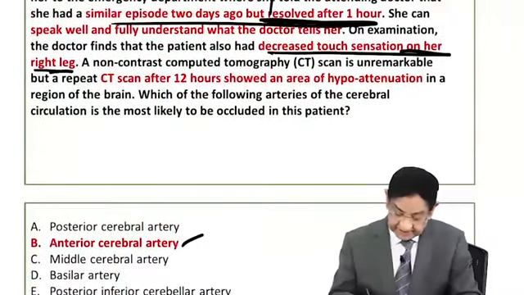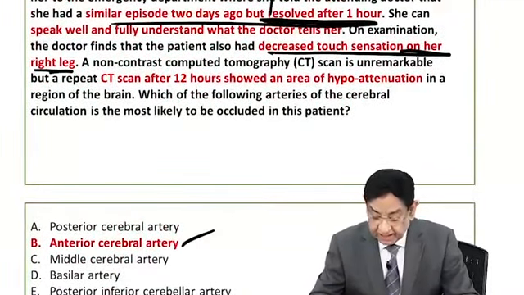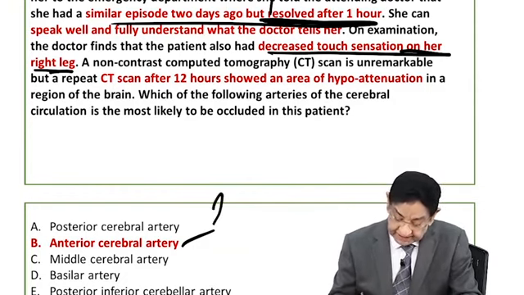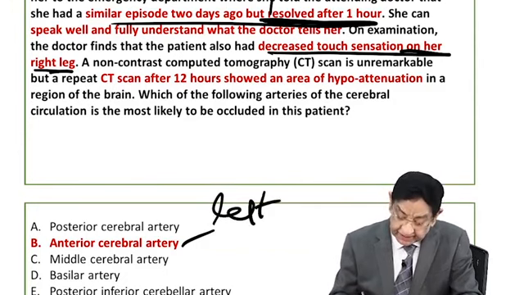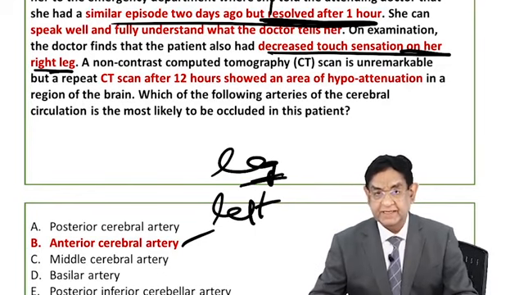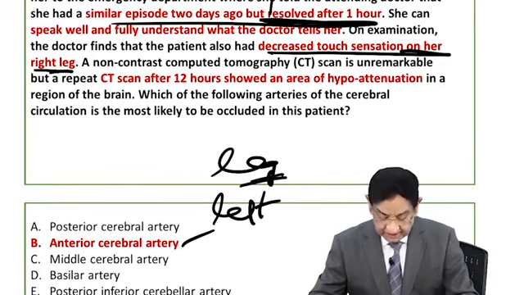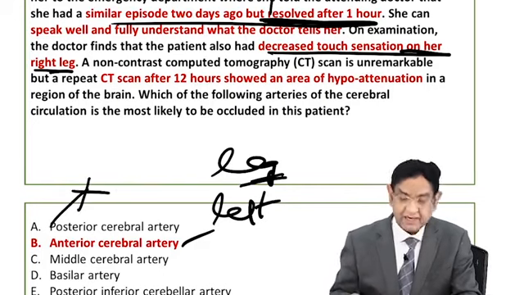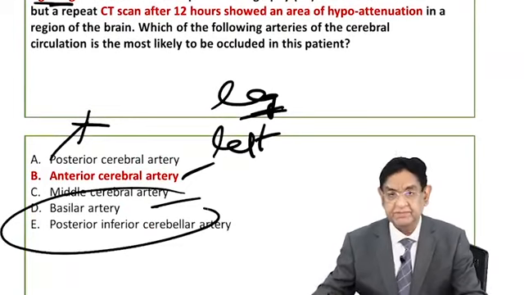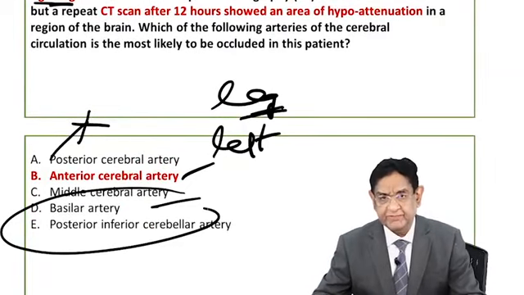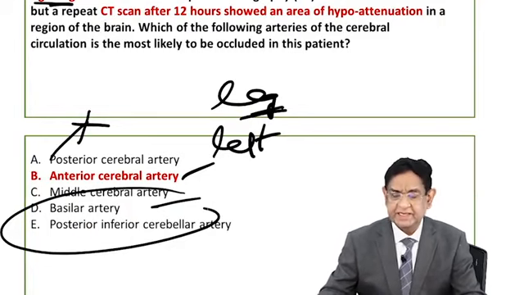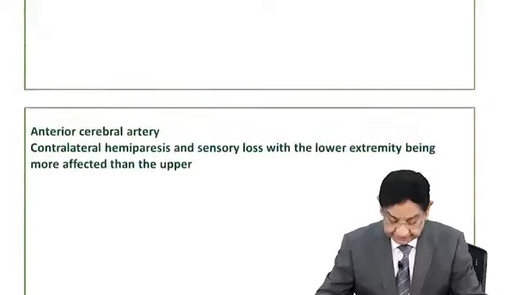It is the anterior cerebral artery, on the left side. Why? Leg weakness is there, and they don't mention arm weakness. Leg weakness occurs in anterior cerebral artery. Posterior cerebral artery does not involve the leg area. None of the others supply the leg area. So it is a straight, direct question: we are dealing with an anterior cerebral artery lesion.